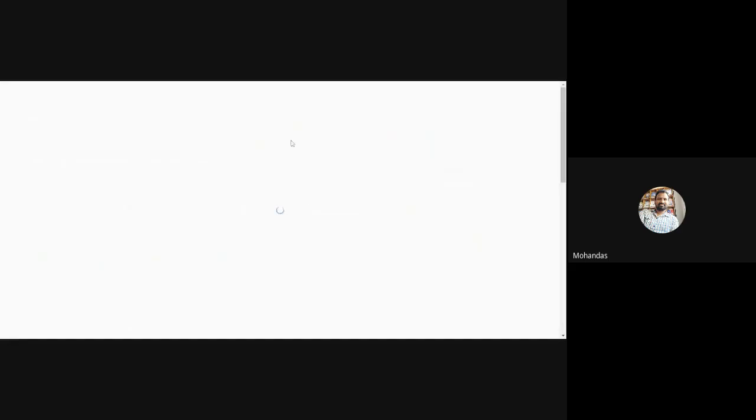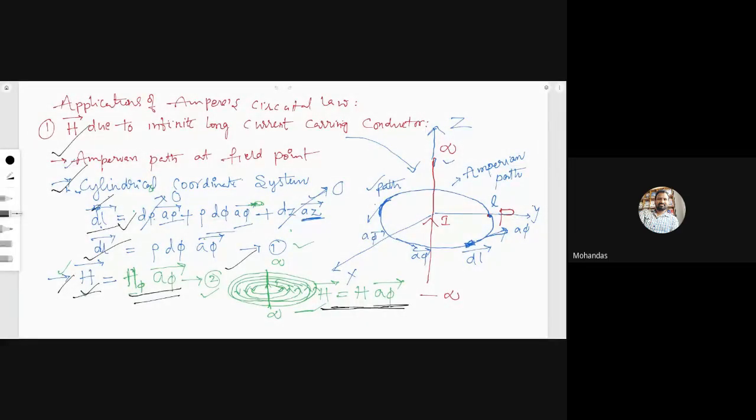So again, I repeat here. What you have calculated is H due to an infinite long conductor which carries a current I. We are going to apply Ampere's circuital law. The first point is that the Amperian path at the field point should be selected, and it should enclose this current.